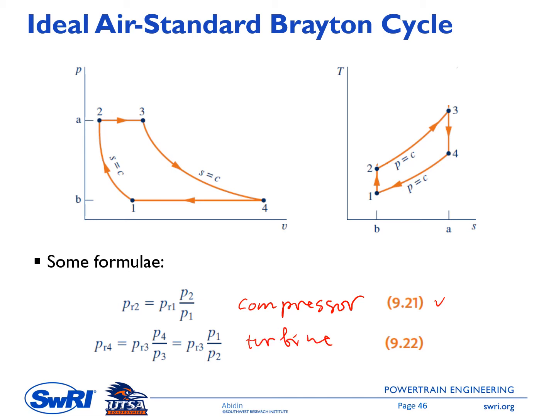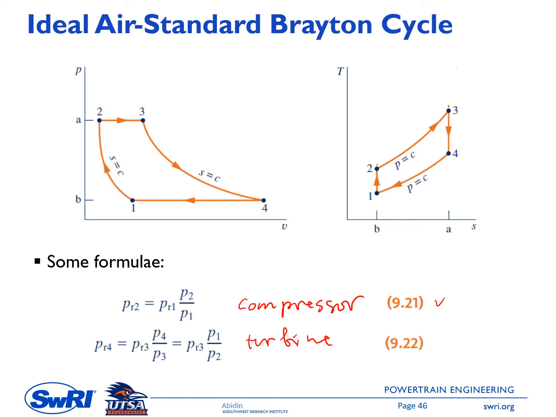Usually the point 1 state is given, so pressure and temperature are given, and then the pressure ratio is given, so P2 over P1 is given. Then you can get PR2, and then you use table A22 or A22E to get the enthalpy at point 2.